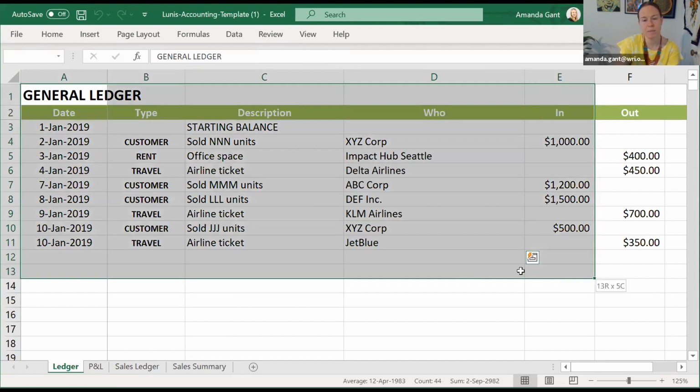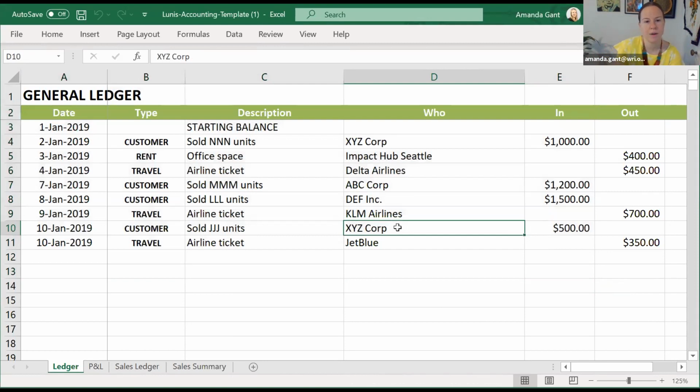Anytime you want to mess with it, you can make a copy, put it into a new spreadsheet, and sort things however you want. If you wanted to see how many times you sold to XYZ Corp, you could easily see, oh, I sold to them twice, but I only sold to ABC Corp one time. Those are some of the ways you can use the ledger in a powerful way.